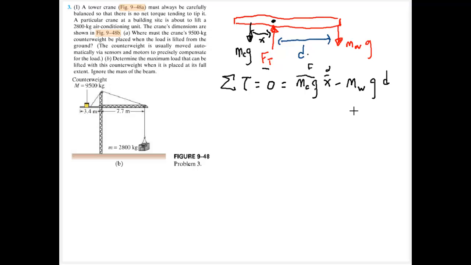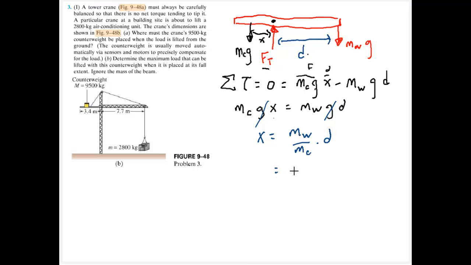Again, torque is force multiplied by distance. So I can rewrite this as mass of the counterweight, gravity, distance, equals mass of the weight, gravity, distance. I can cancel out my gravities, and I can solve for this distance for the counterweight. It must be the mass of the weight divided by the mass of the counterweight multiplied by that distance d.